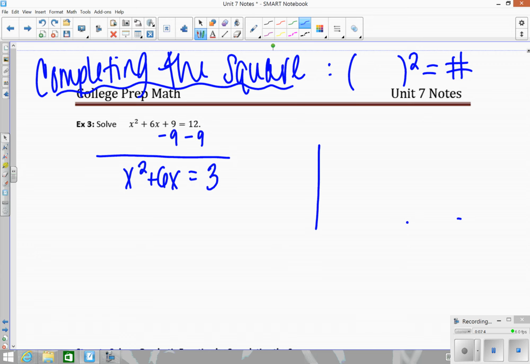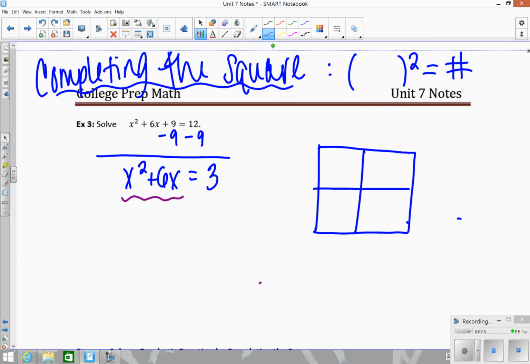Then, if you think back to when we multiplied binomials, we always drew the box to help us visually see what's happening. So I'm going to force this to become a perfect square. I'm going to take x squared, which breaks up into x times x. Those are going to be the sides of my upper box here.